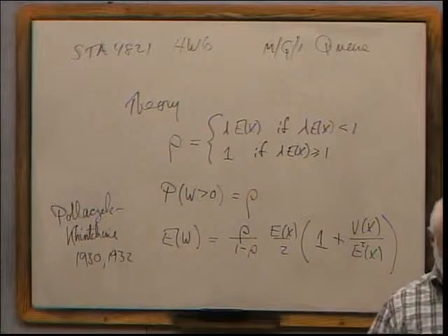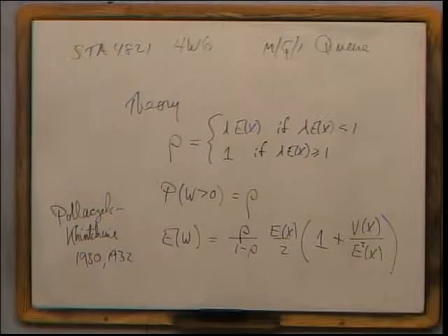This represents, you might say, the first mathematical investigation of queuing theory for the cases in which you didn't have everything exponential, so you didn't have a birth and death process. So this was the first advance beyond what Erlang did.